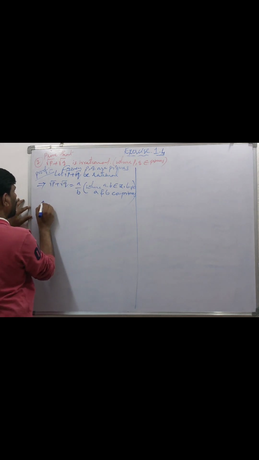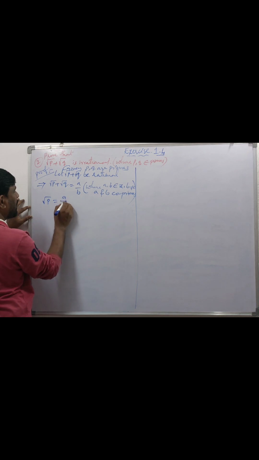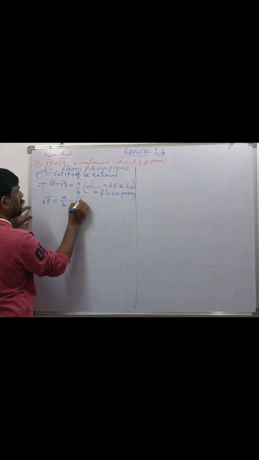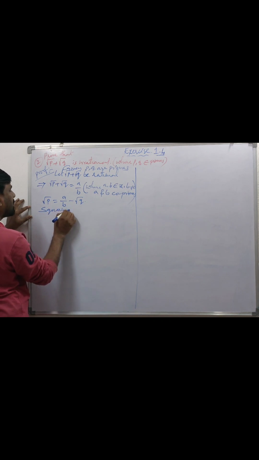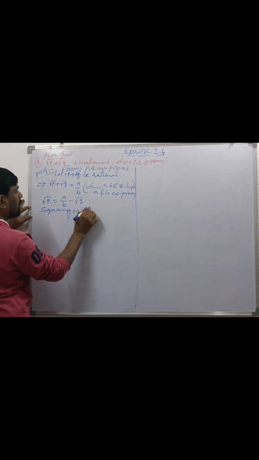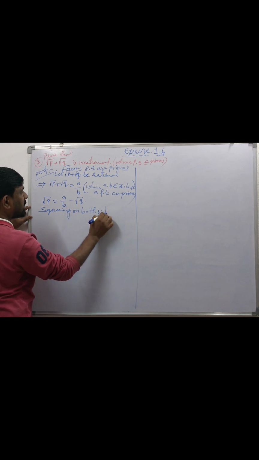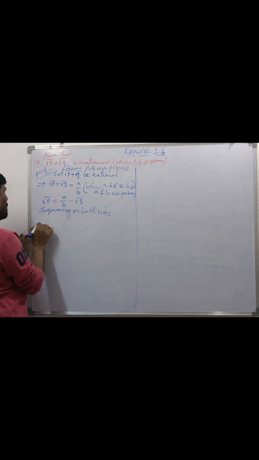Now send one of root p and root q to the RHS. Root p is equal to a by b minus root q. Again do squaring on both sides. What will you get? Root p whole square means you will get p.